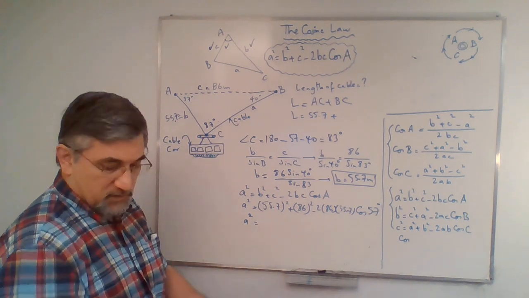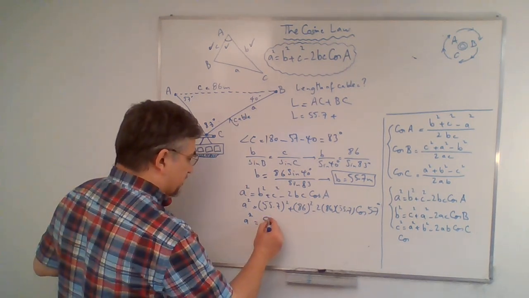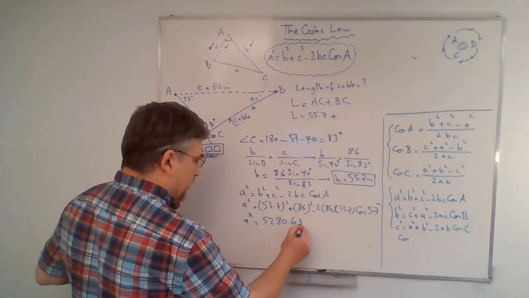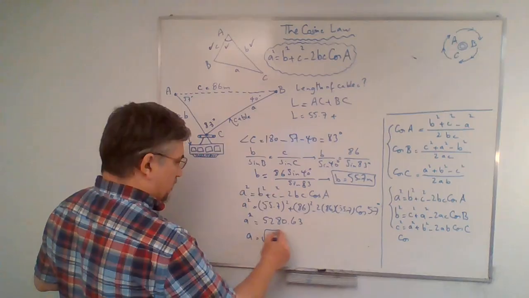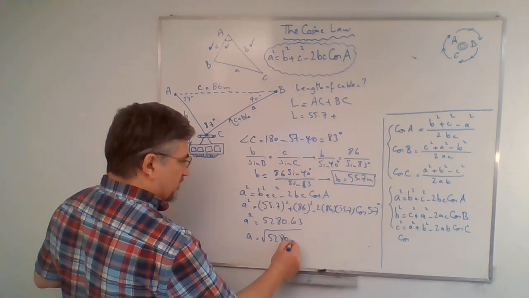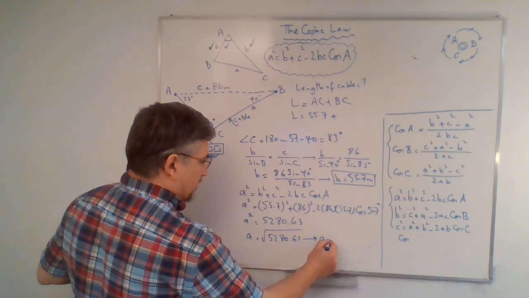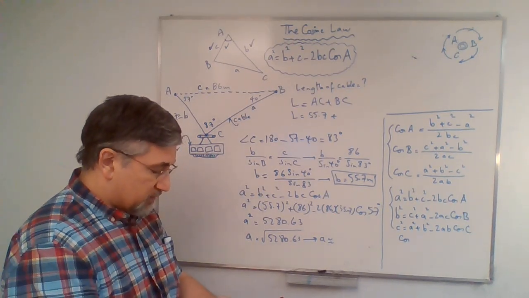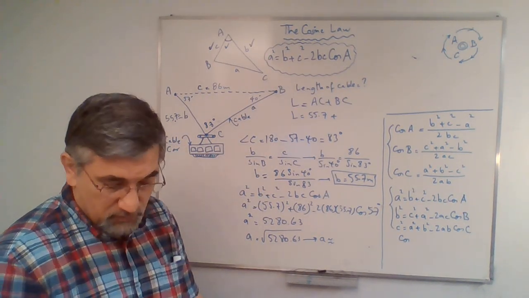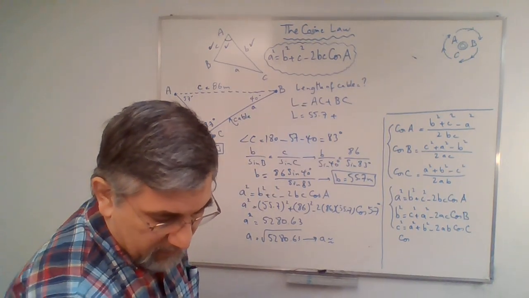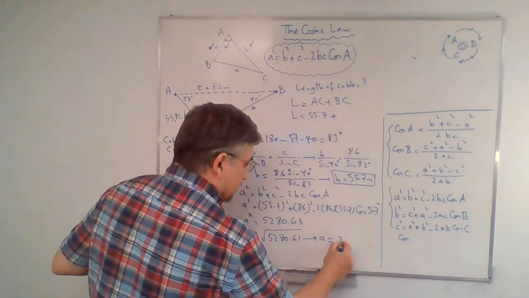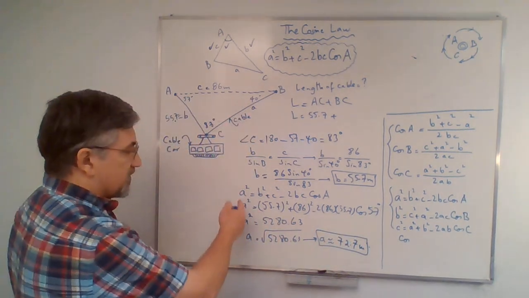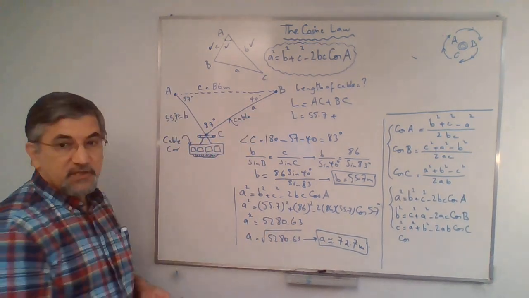That gives 5280.63. Then we take the square root of this figure, and I got 72.7 meters.